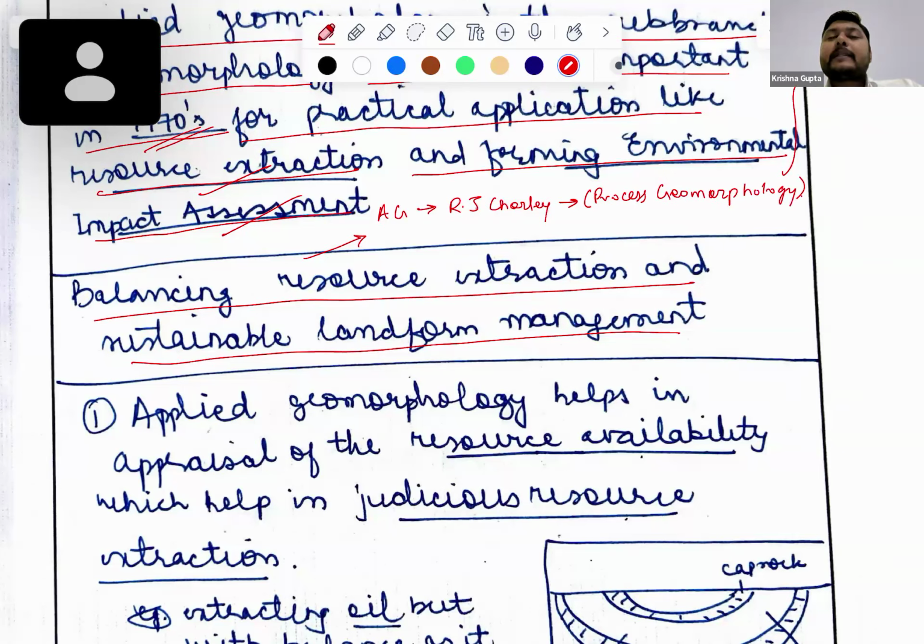Under this, he has given a classification of how geomorphology is basically affecting human lives.